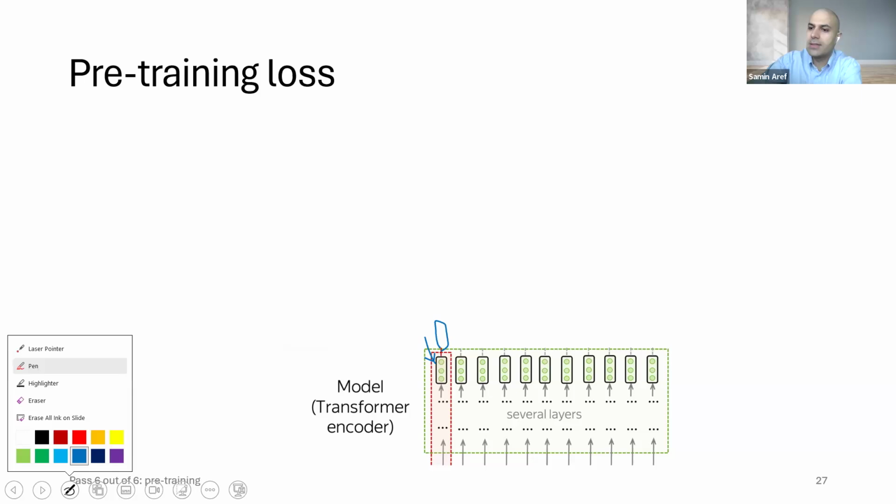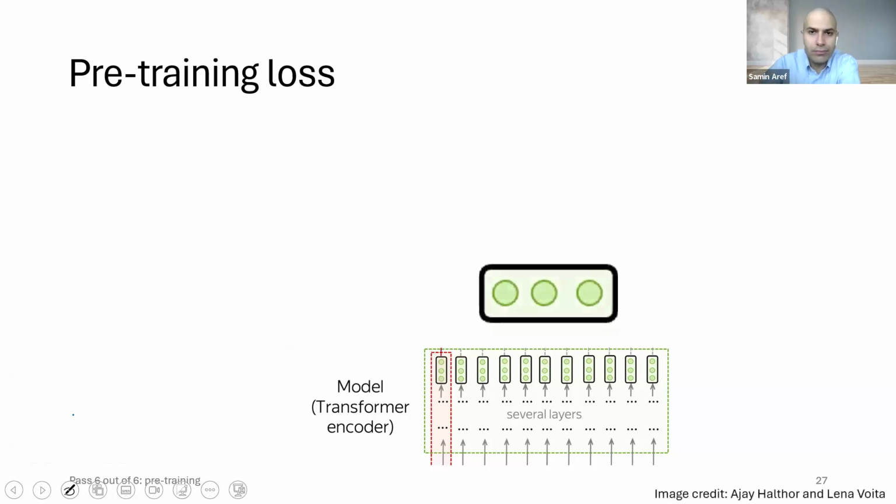Let's imagine that this vector has 30,000 coordinates. Just for simplicity, I've shown a vector with 3 coordinates. In this vector, we have some real numbers. Let's say the numbers we have are 1, -3, and 5.